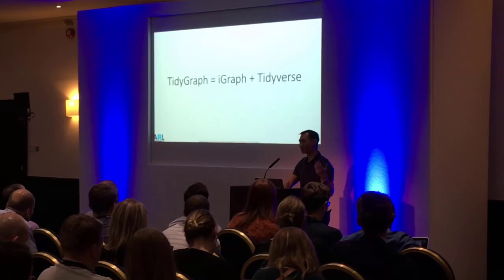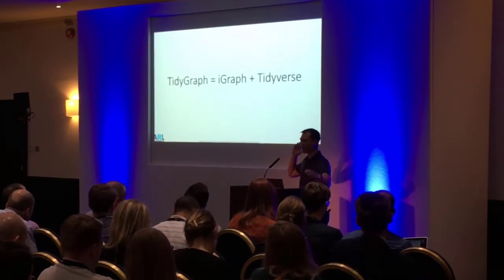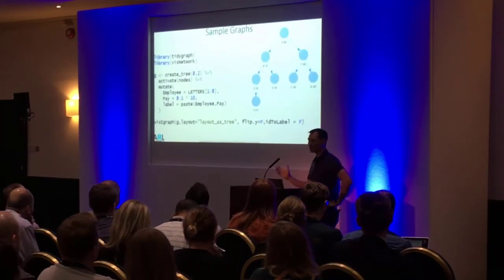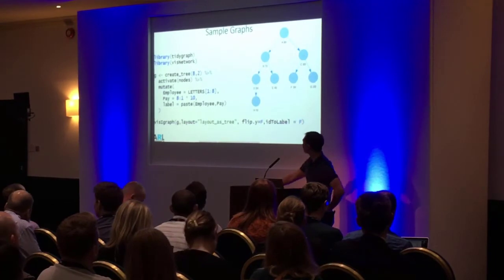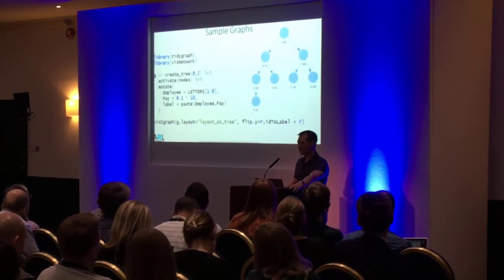Okay, so going back to graphs again. tidygraph is equal to iGraph plus tidyverse. So here's a little bit of code. It's quite useful to be able to generate various sample graphs.